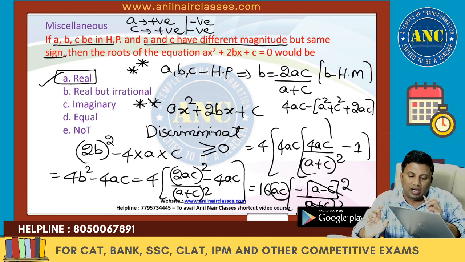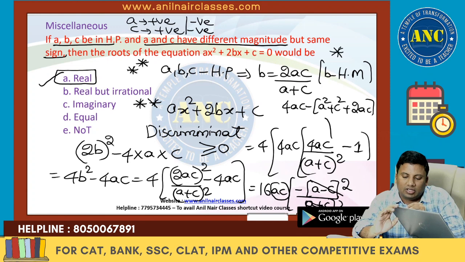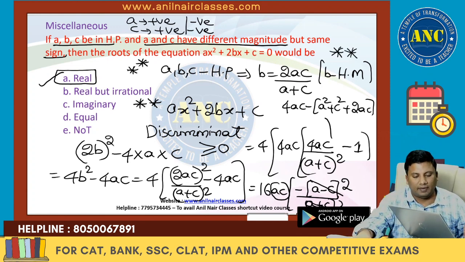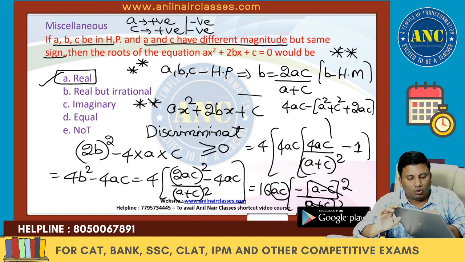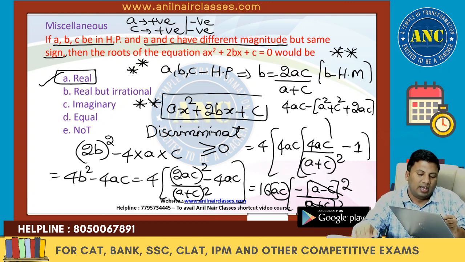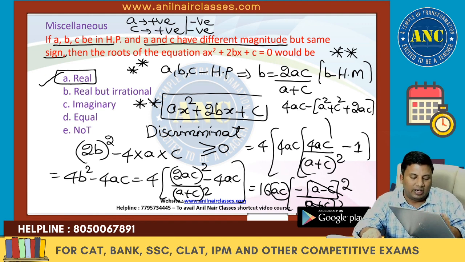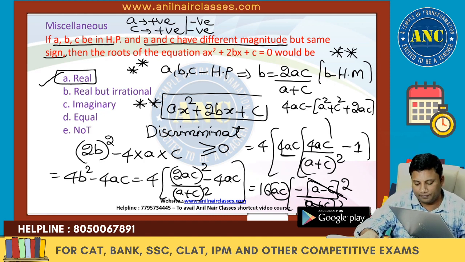A, B, C are in harmonic progression, so B is 2AC by A plus C. The equation ax square plus 2bx plus c, discriminant is greater than or equivalent to 0: (2b) whole square minus 4ac, 4b square minus 4ac. 4 into, instead of b, it is (2ac by a plus c) whole square minus 4ac, 4ac common, 4ac by (a plus c) whole square minus 1.